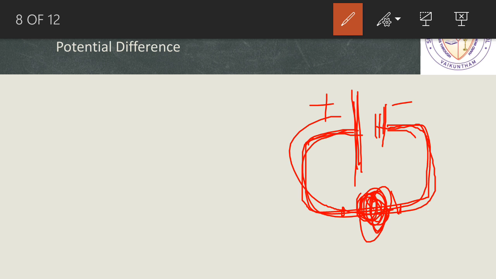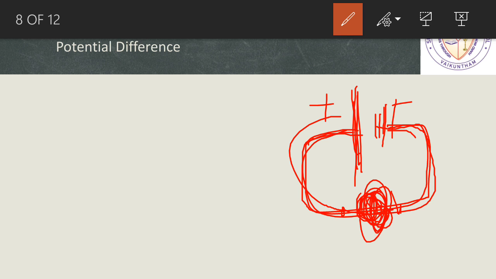This electric current is nothing but the electrical energy provided by this cell, and it will be used by this bulb, which converts that electrical energy into light.